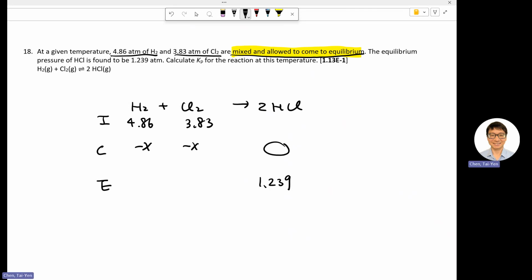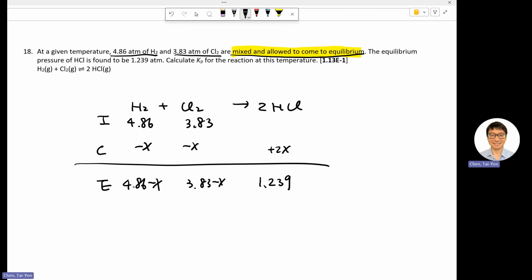What should you put here? Plus 2x, right? So here should be plus 2x. Once you reach equilibrium, what you're going to have is 4.86 minus x for your H2, 3.83 minus x for your Cl2, and your 2x simply equals 1.239.